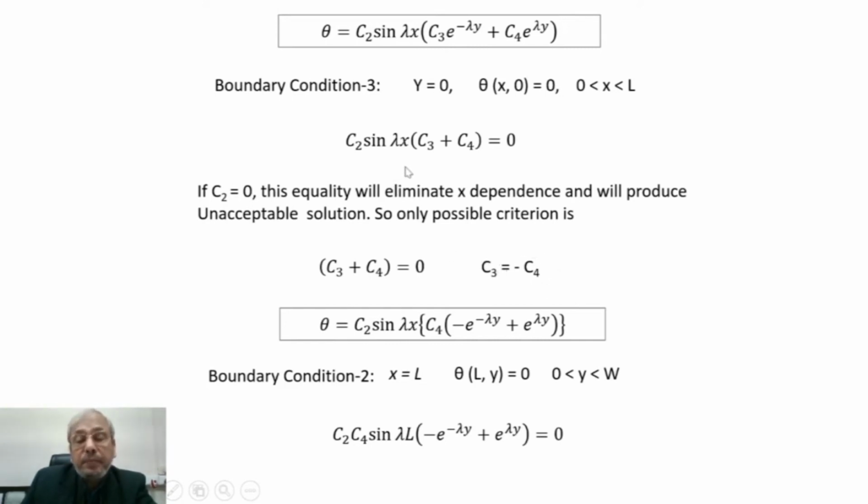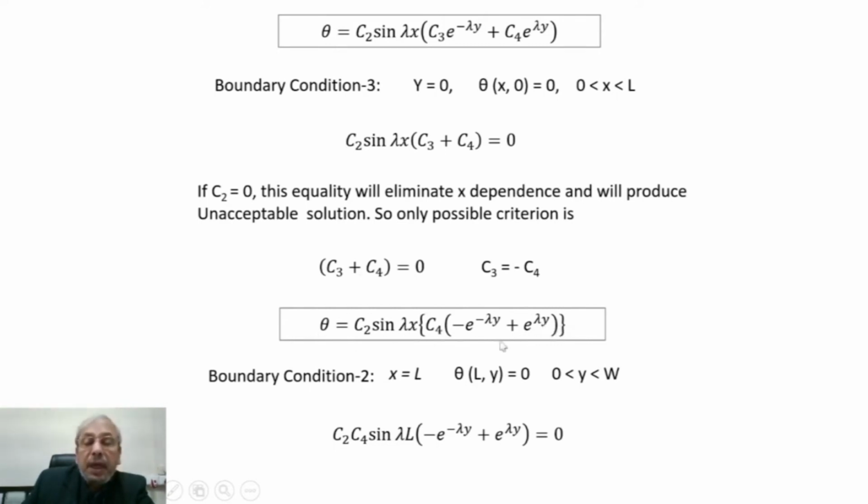Then if we substitute C3 equal to minus C4 in this expression for theta, we can write theta equal to C2 sine lambda x into C4, taken outside the bracket. Inside the bracket we can write minus e to the power minus lambda y plus e to the power lambda y.